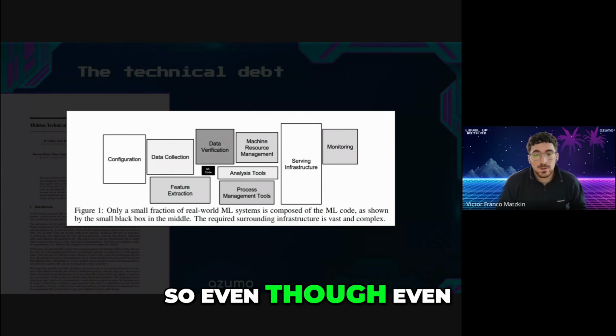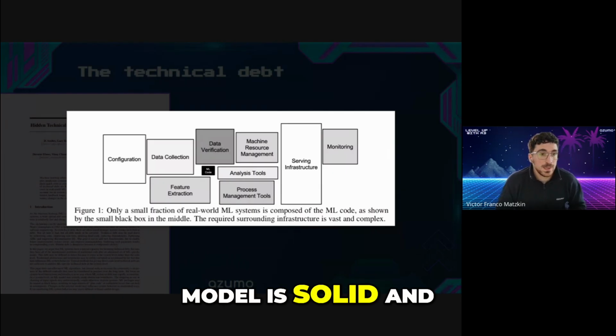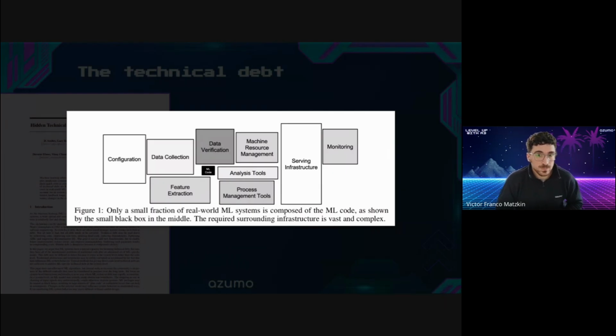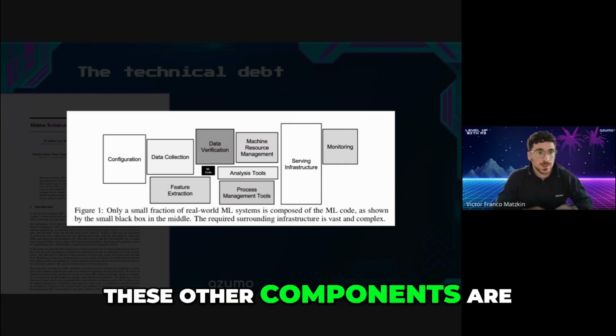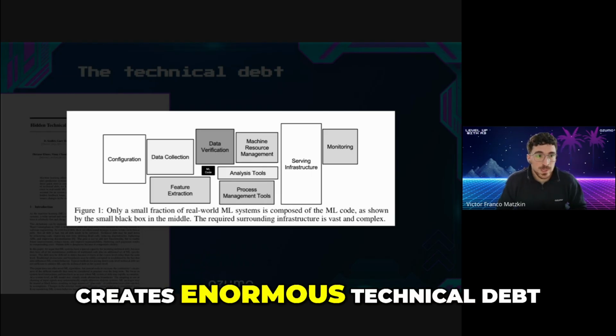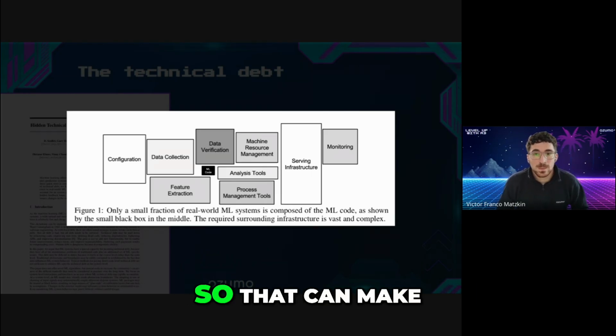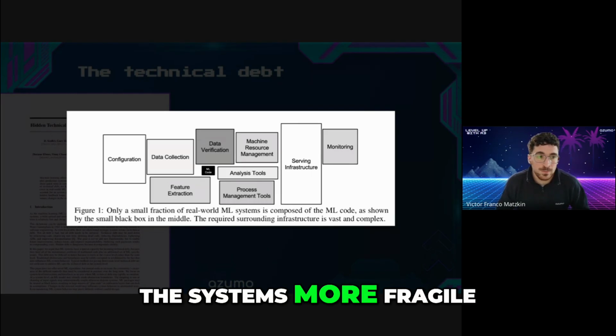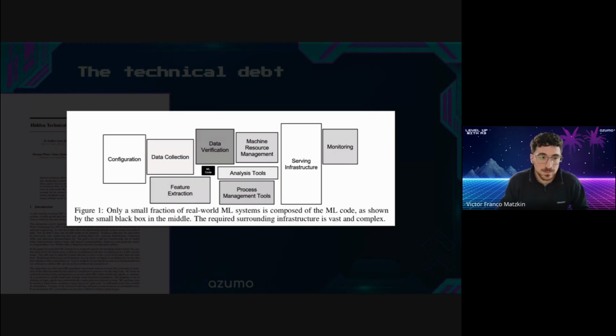So even if the machine learning model is solid and can solve the task itself, neglecting these other components that are not part of this tiny black box creates enormous technical debt. That can make the systems more fragile or very hard to maintain.